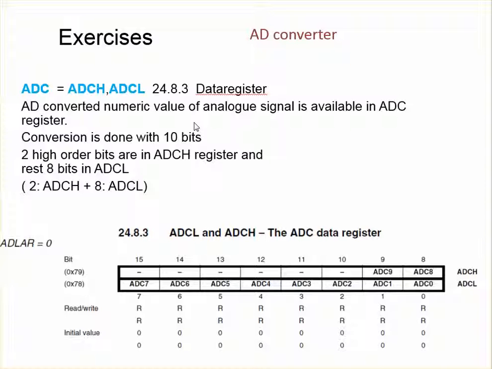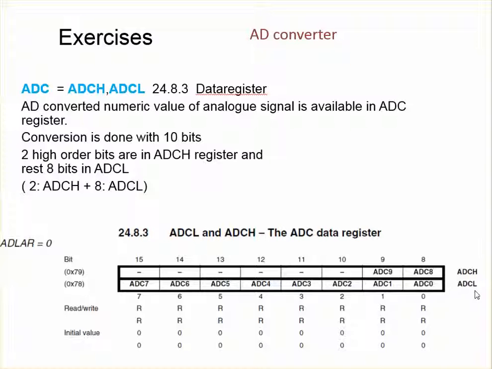And as this processor is an 8-bit processor, we can't put 10 bits into one byte or one register, because the registers are 8 bits wide. So we have to split these 10 bits into 2 parts. We will put 8 bits in one register and 2 bits in the other register, and totally we will get a 10-bit value from the converted value.